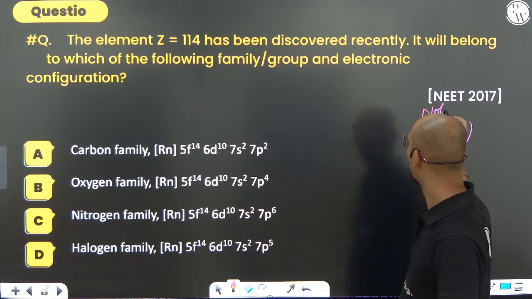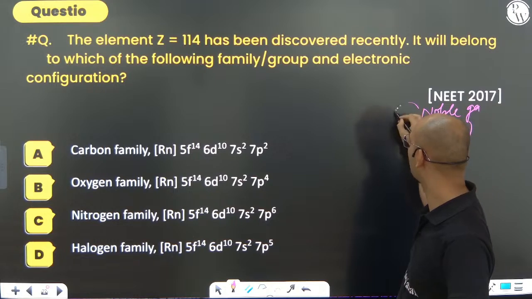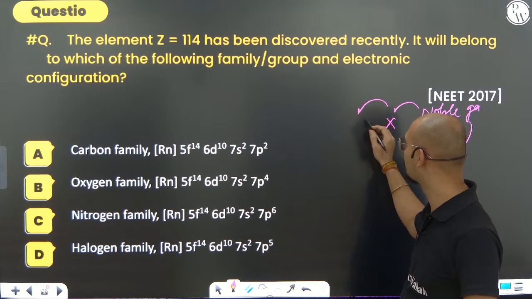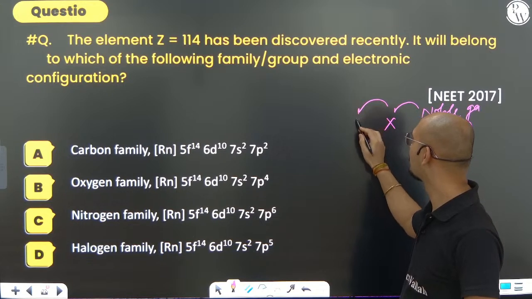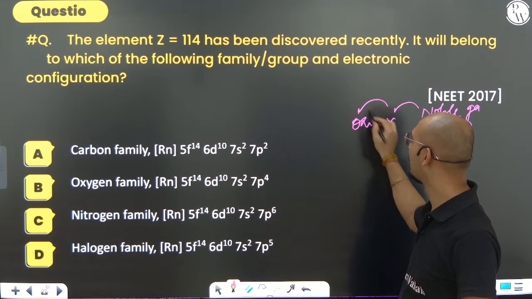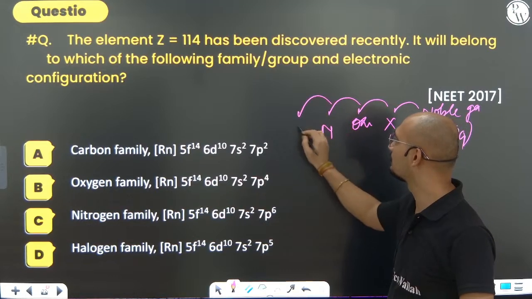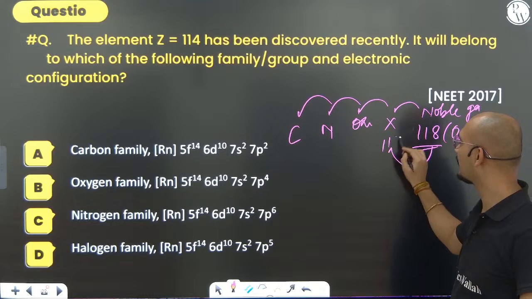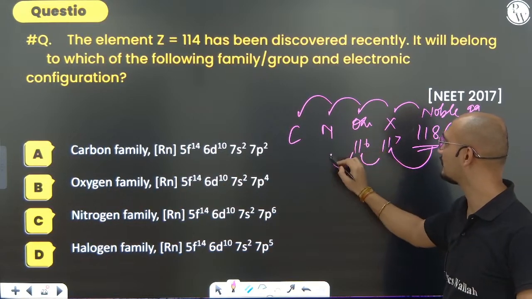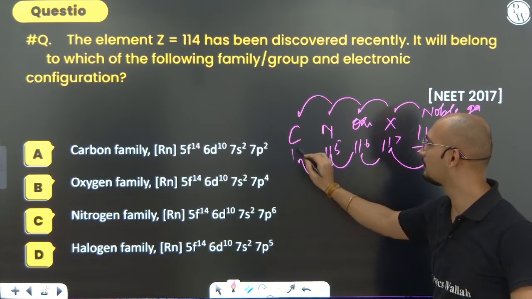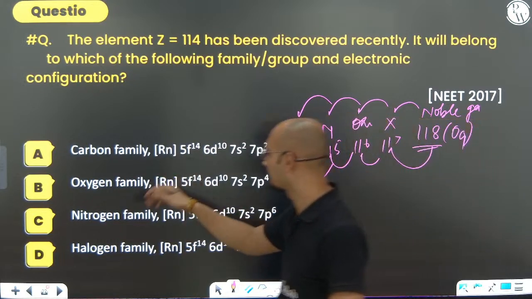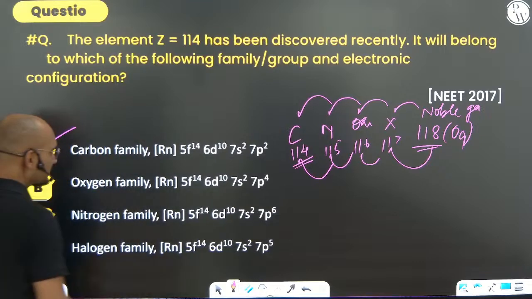Before the noble gas comes halogen, before that the oxygen family, or chalcogens, then the nitrogen family, then the carbon family. So before 118 comes 117, 116, 115, and there will be 114. So this will belong to the carbon family. Of course, the carbon family is the correct option.